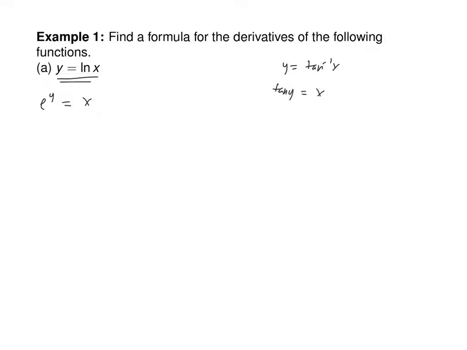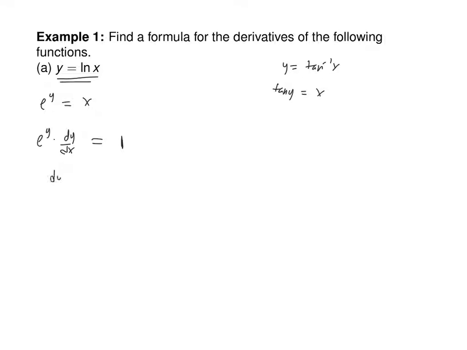And we're going to use the implicit differentiation trick again. So what's the derivative of e to the y? e to the y times dy dx, spectacular, equals 1, exactly.